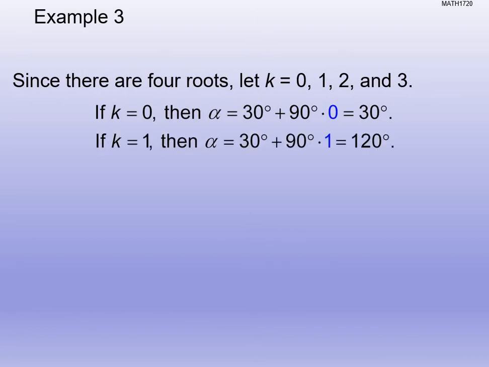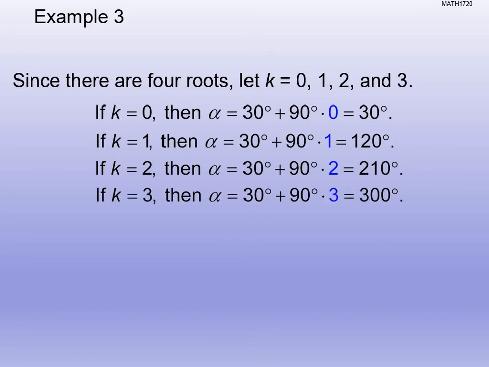If k is 1, alpha is 30 plus 90 times 1, which is 120. If k is 2, alpha is 30 plus 90 times 2, which is 210. And if k is 3, alpha equals 30 plus 90 times 3, so that's 270 plus 30, which is 300.